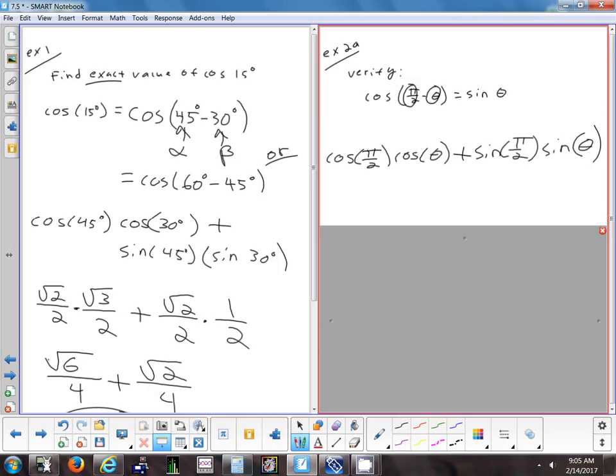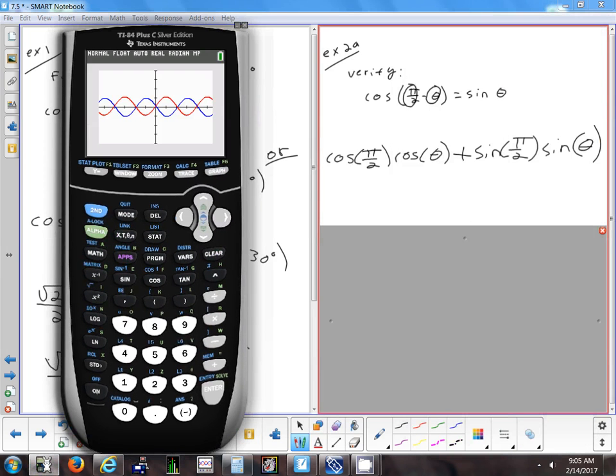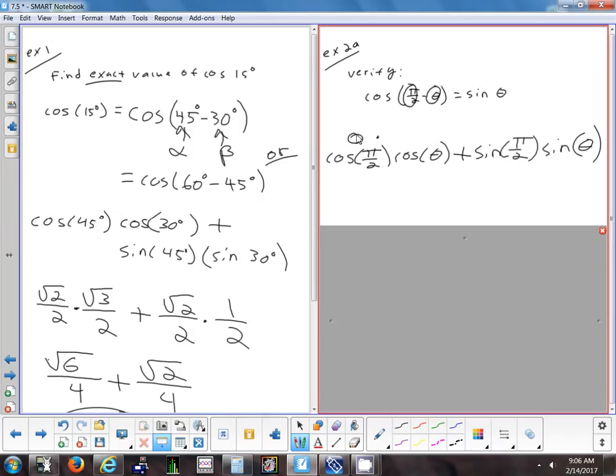All right, so let's type that in and see what we get. Before I type it in, what do I want to make sure of? Make sure I'm in radians. Okay, I already am. Let's do cosine pi over 2. What did I get for that? 0. So I have 0 times something. What's going to happen to that first term? Zero. Yeah, it's gone. So that part disappeared.